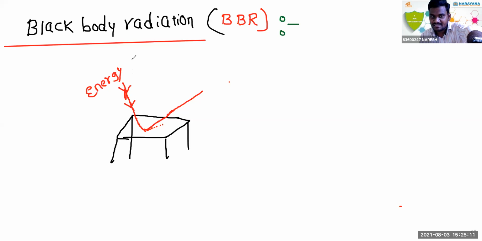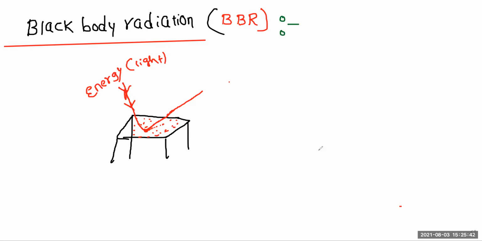When a suitable light radiation falls on the surface of a metal, some energy is transmitted, some energy is reflected, and the remaining energy is absorbed by that body only. So listen carefully. Emitted and reflected both are the same only, isn't it, sir?